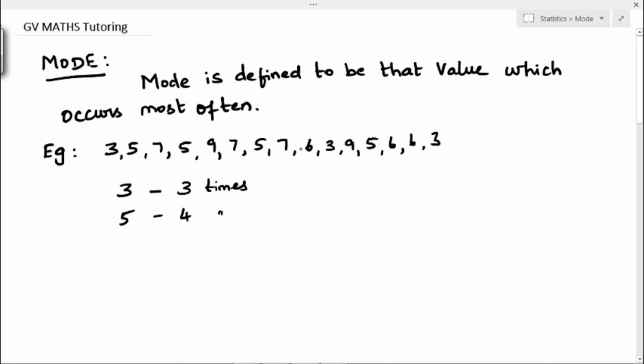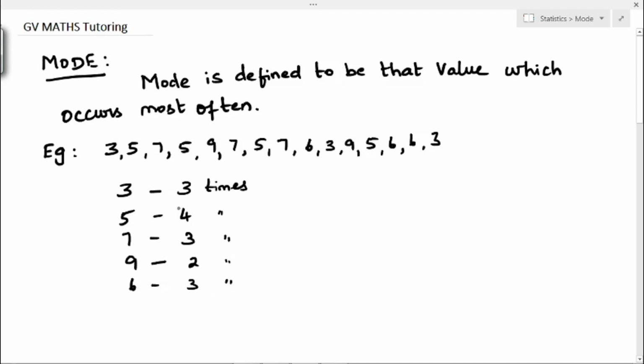Number 7 is repeated 3 times. Next, number 9 is repeated 2 times, and we have 6, which is repeated 3 times.